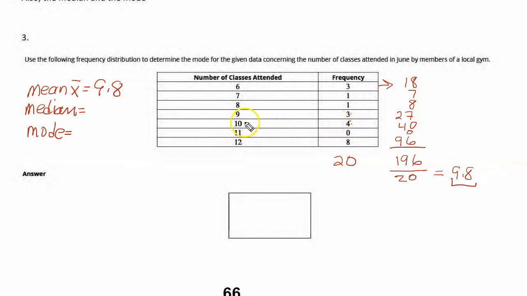So our number for the median is going to be 10. Now, figuring out the mode when you have a frequency chart like this is rather easy. You're just going to see which is the highest frequency. Well, the highest frequency is 8, but it meant that 8 times this value was used. So our mode is 12.